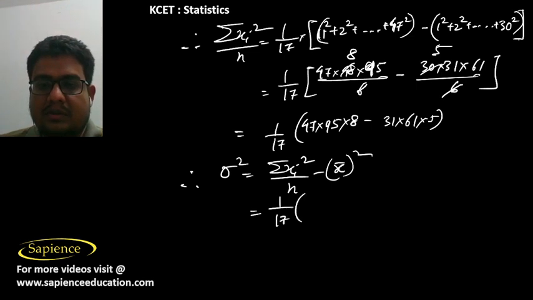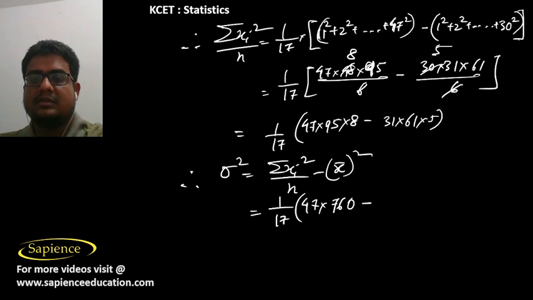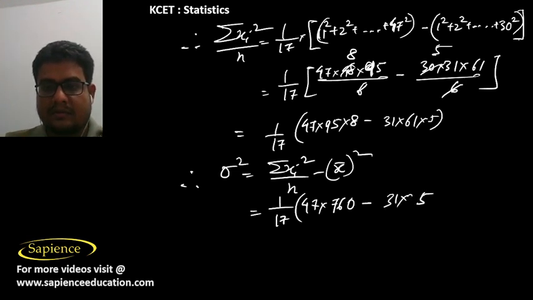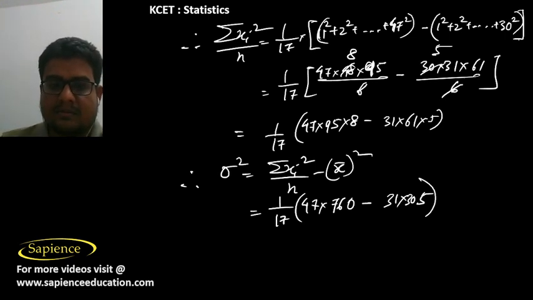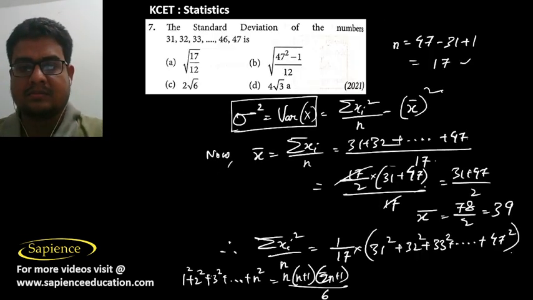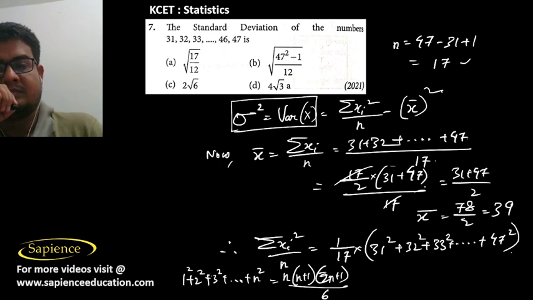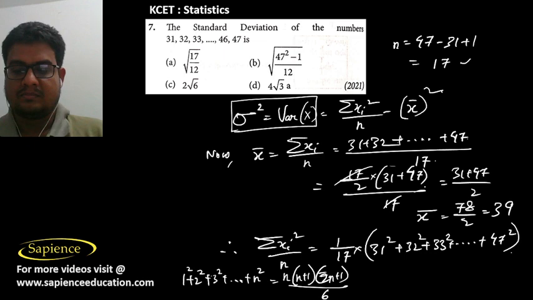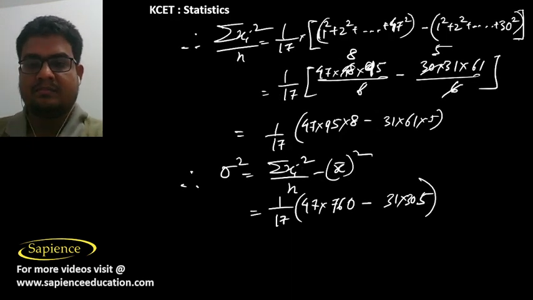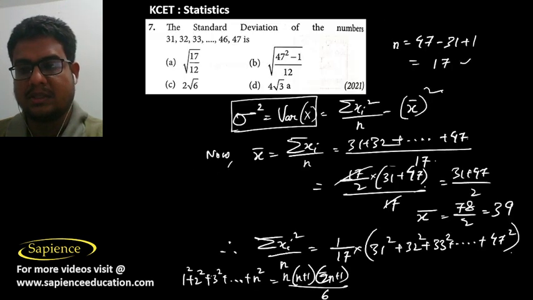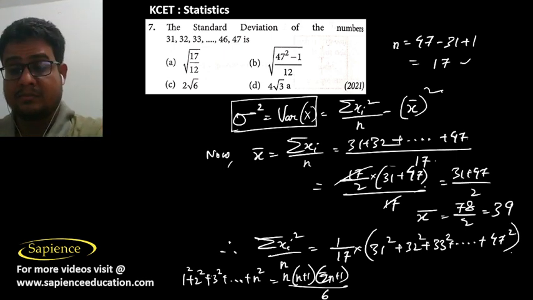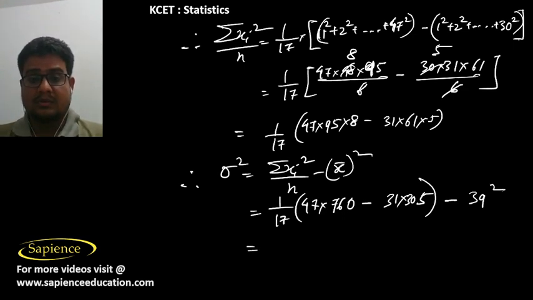That is equal to 1 by 17 into, this is 47 into 95 into 8, minus 31 into 61 into 5, then minus x bar square, x bar is 39. That's 39 square.